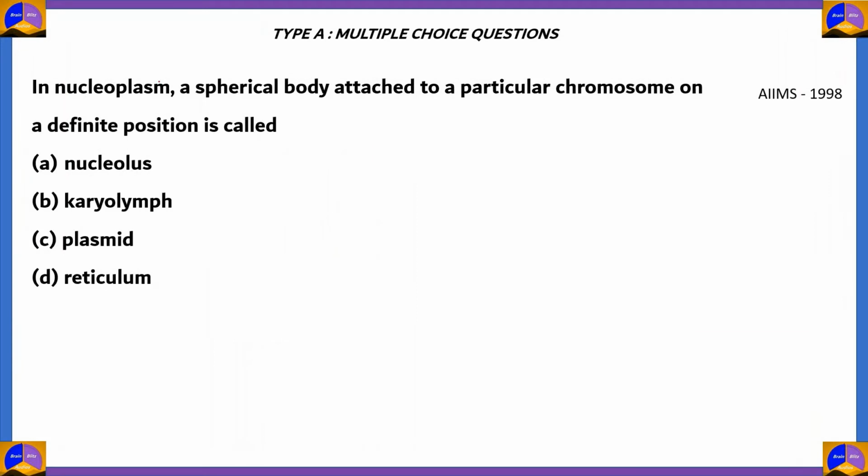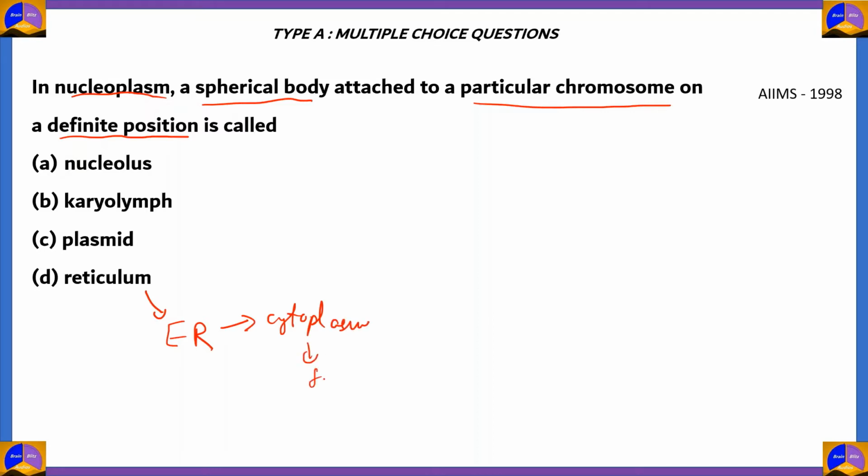Next question. In nucleoplasm, a spherical body attached to a particular chromosome on a definite position is called as nucleolus, karyolymph, plasmid, and reticulum. Let's look at each of our options. Option D, reticulum. Reticulum, also known as the endoplasmic reticulum, is found in the cytoplasm.